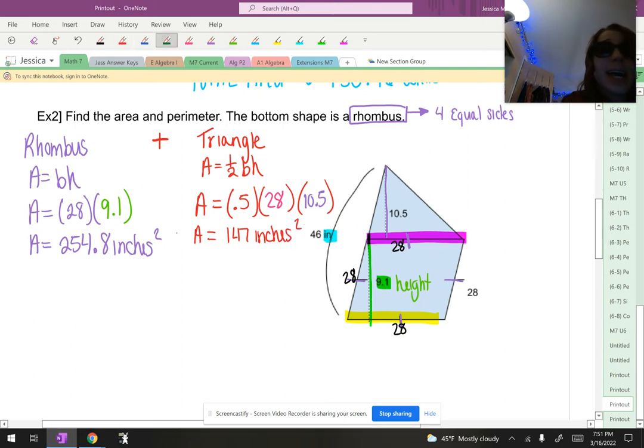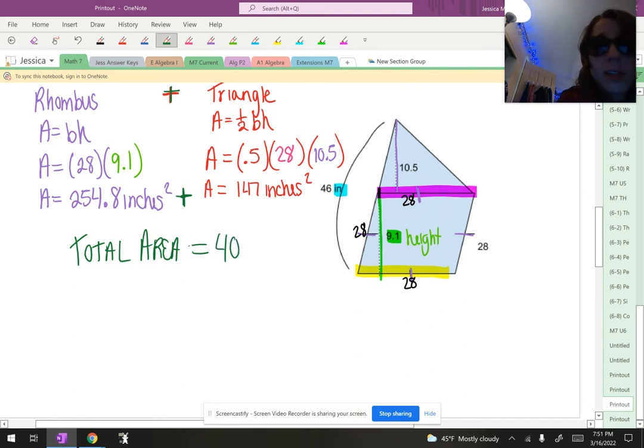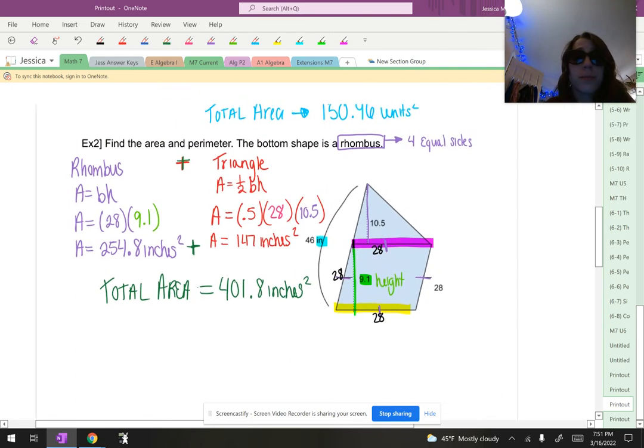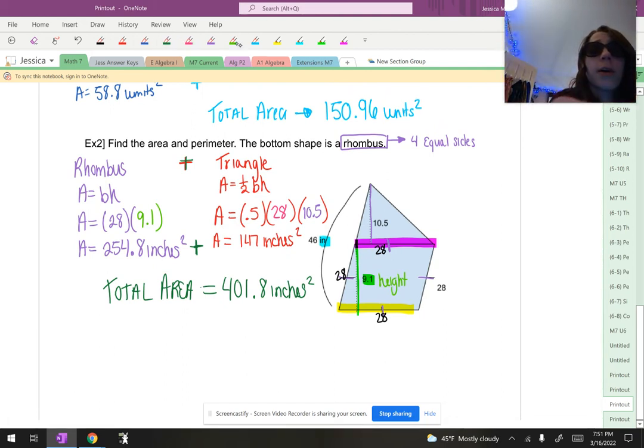But again, not done because I need to add those together to get my total area: 147 plus the 254.8 gives us 401.8 inches squared. Ba-boom!